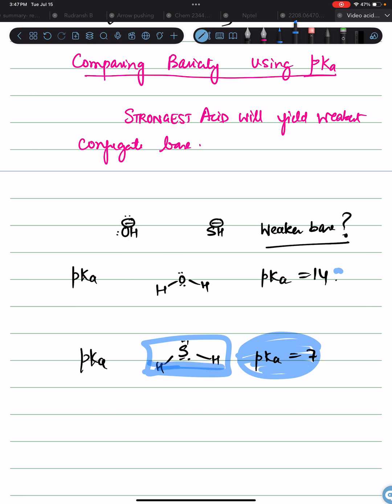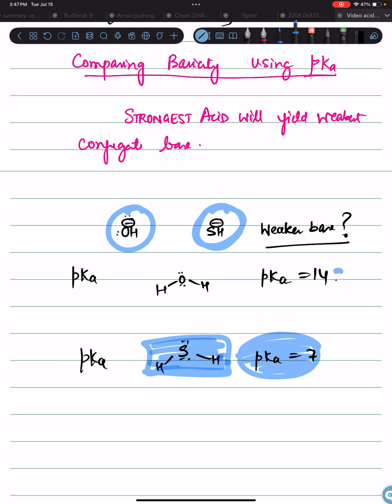So if H2S is a stronger acid, its conjugate base would be the weakest one. So this is the weaker base as compared to OH negative. So this is how you predict the things. I repeat, the stronger the acid is, the weaker its conjugate base would be.